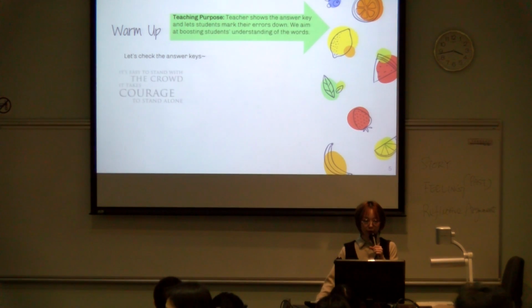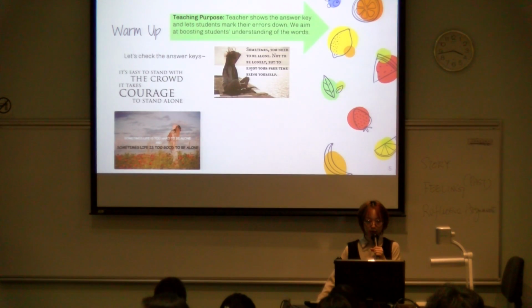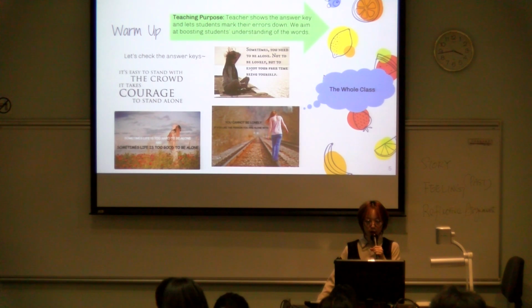Then we provide them with the answer keys. The photos are more direct. They can choose and mark their errors by themselves, and then they get their basic understanding. The whole class will check their answers here.